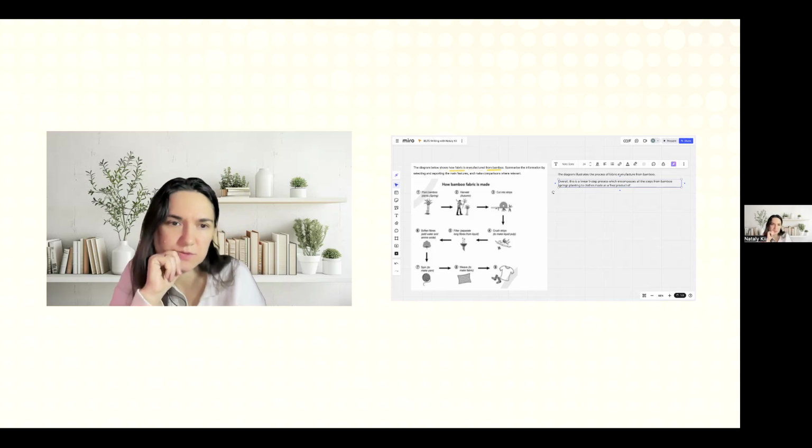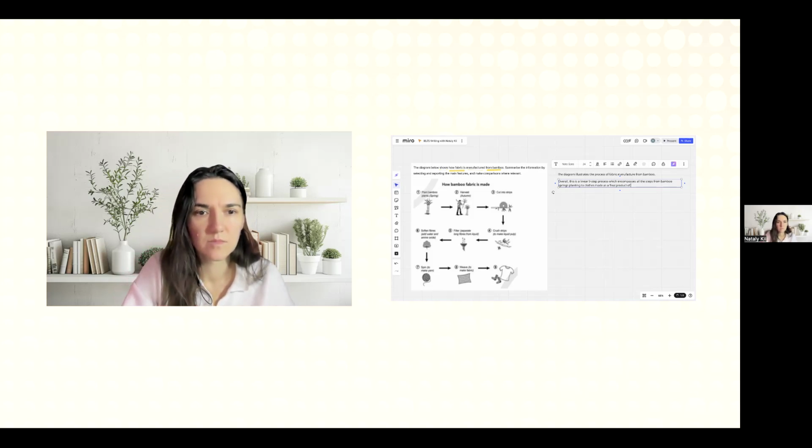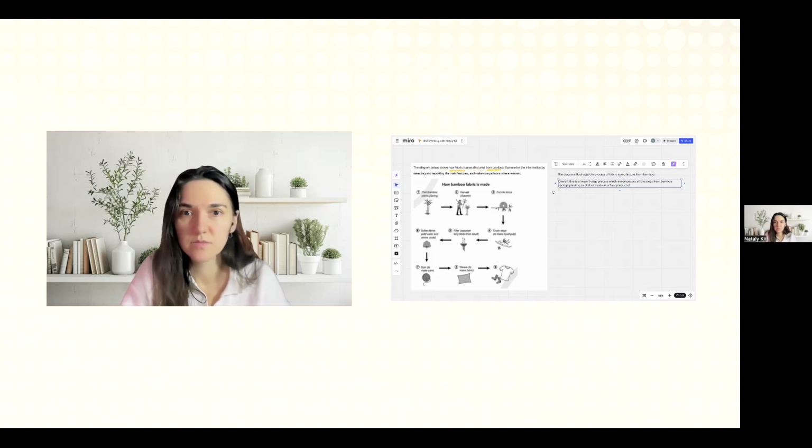Now we have to mention what kind of treatment the material goes through.